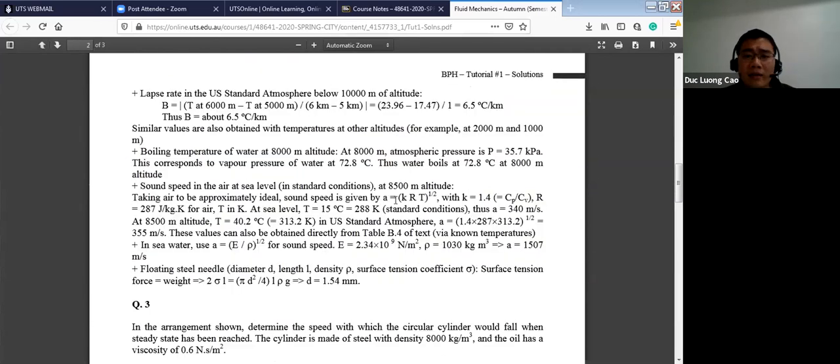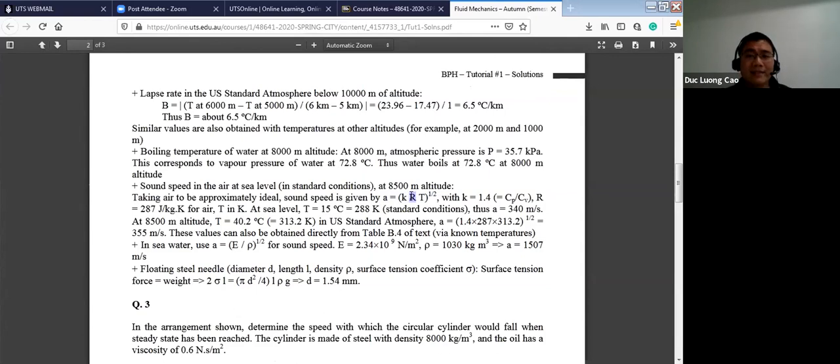We cannot use this equation for sound speed in the seawater because seawater is not a gas. Seawater is a liquid. Remember that R and k are for ideal gas.